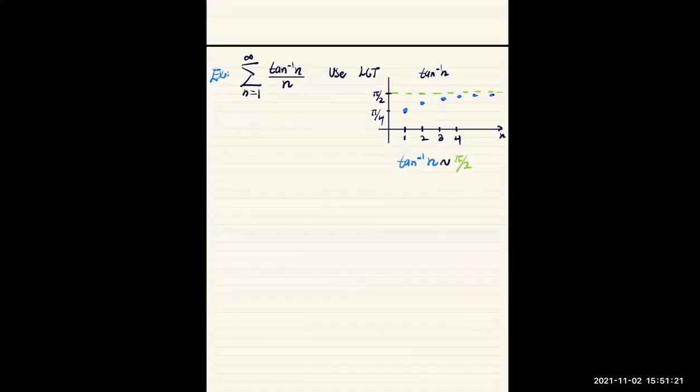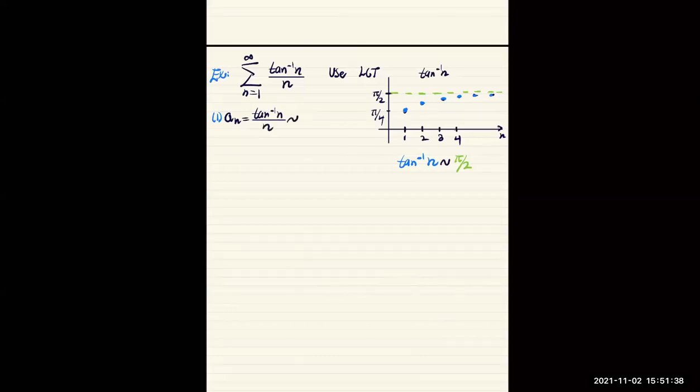So using limit comparison on this problem, step 1, our a sub n is tangent inverse n over n.